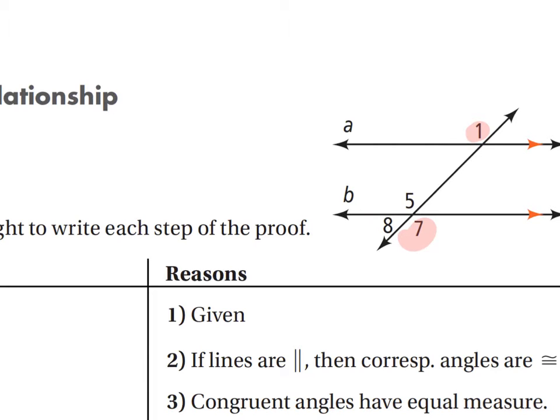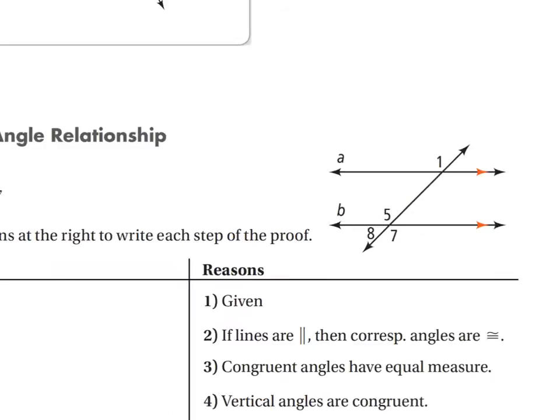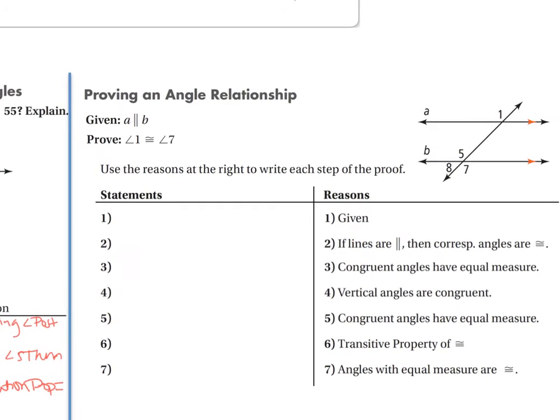That's a two-step proof. They give you 7 steps, and we're just going to follow along because that's what the problem is asking us to do. So let's do it. Let me erase this. First we start with the given. They tell us line A is parallel to B, so let's write that.